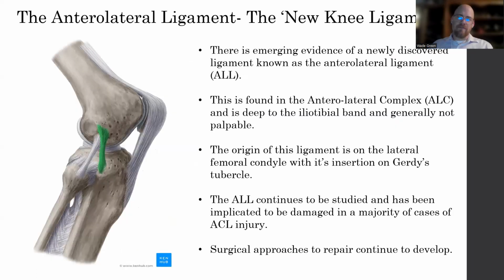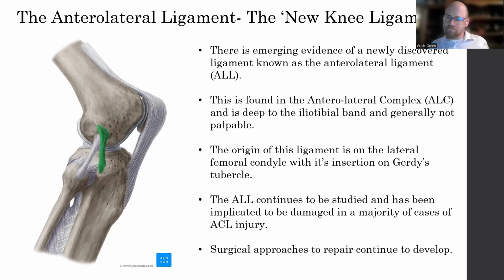Something that's really some emerging anatomy here is called the anterior lateral ligament, okay? People have dubbed this as the new knee ligament, right? There's emerging evidence about this piece of anatomy, and it's found in a ligamentous complex that is continuous with the IT band.